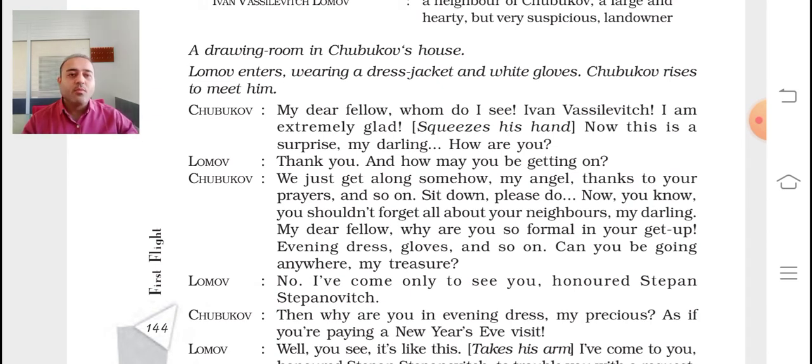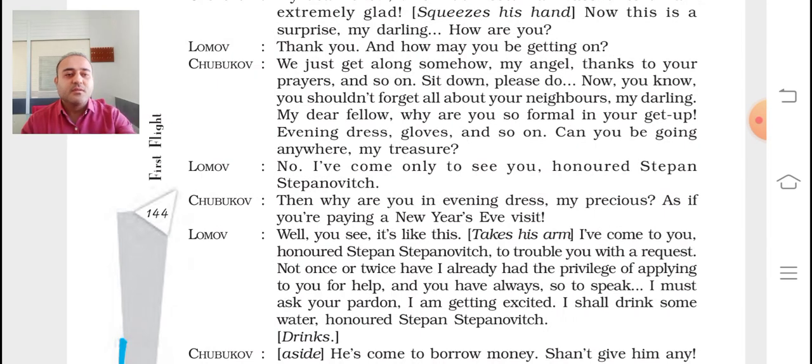Lomo: No. I have come only to see you, honored Stefan Stefnovich. So a very formal communication is going on between Lomo and Shubuko. Shubuko: Then why are you in evening dress, my precious?